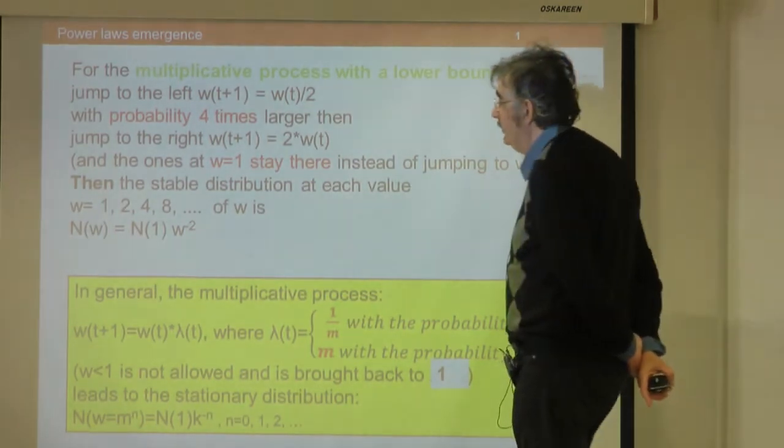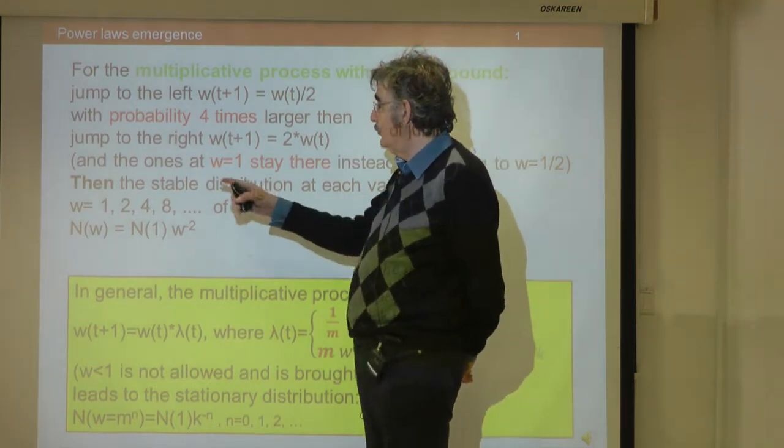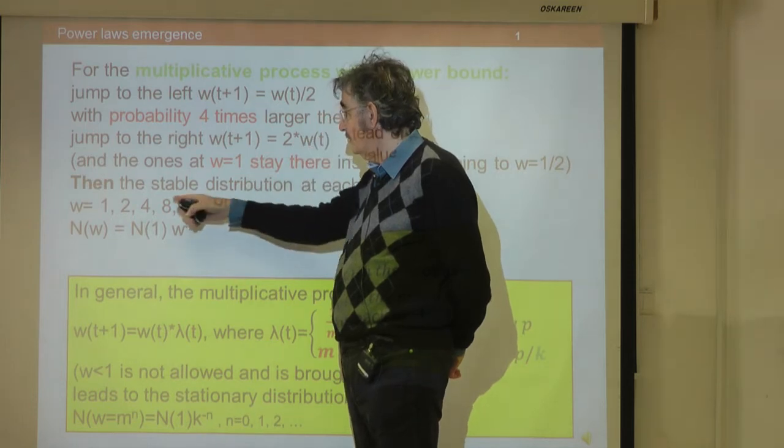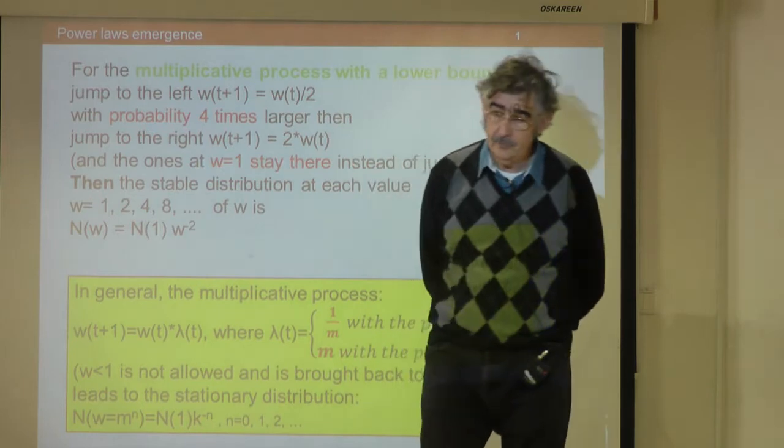So we could speak about how many such random jumpers would exist at each value w. How many at 1, and how many at 2, and how many at 4.